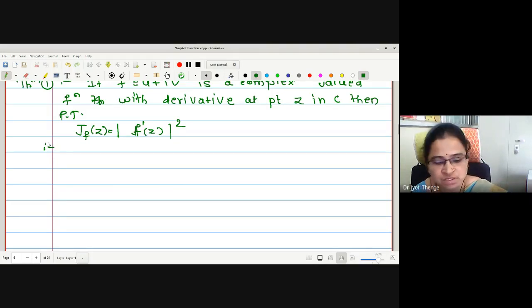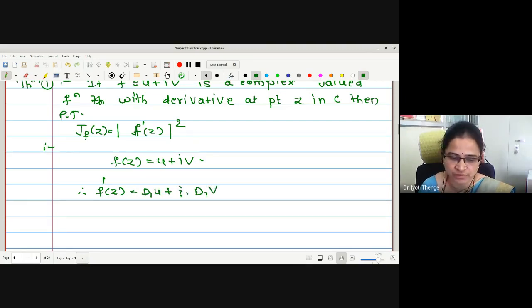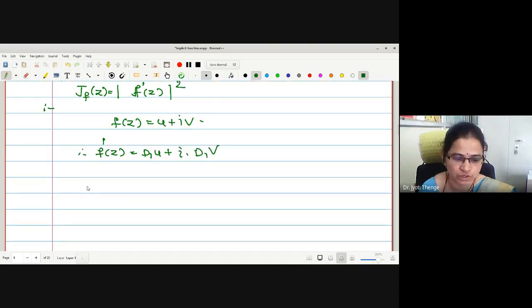As it is a complex valued function, we know how the derivative is obtained, by taking partial derivatives. f dash of z is d1u plus i times d1v. Correct? We will use the Cauchy-Riemann equations now. What is the modulus value?